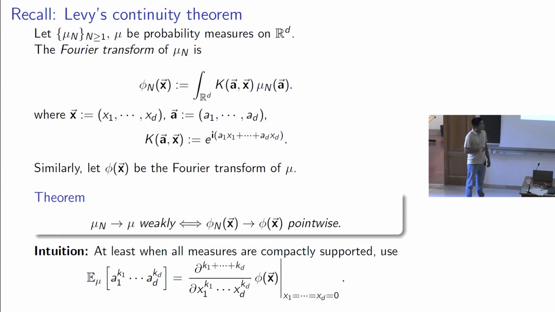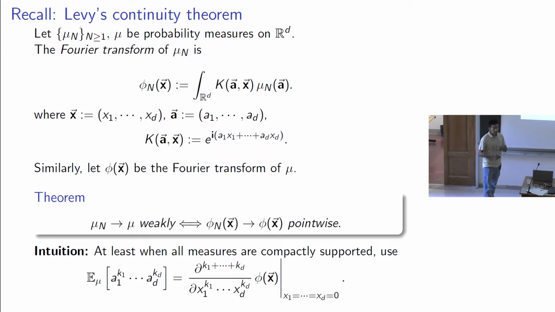And you can obtain the moments from the Fourier transform by this simple procedure here. So you take a few derivatives with respect to the xi's, and then you set the xi's equal to 0 after you take the derivatives, right? So that should give you this moment here. So you take partial with respect to x1, partial with respect to xd, you set the variables equal to 0, that gives me this moment here, okay?